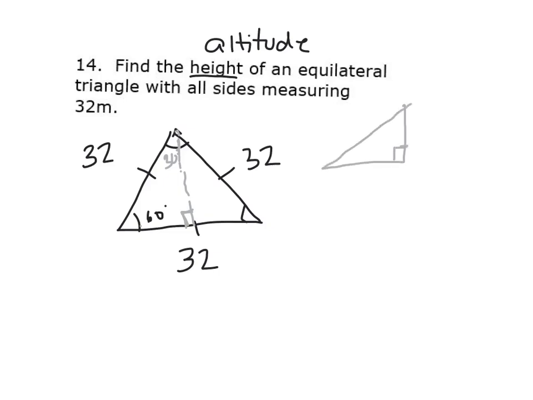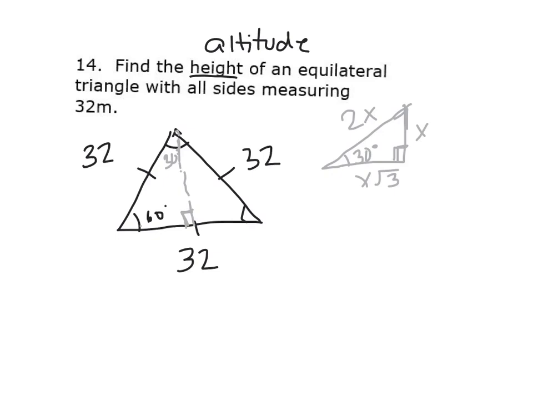And our formula says the hypotenuse is represented by 2x. The side opposite the 30-degree angle is x. And the side across from the 60-degree angle is x square root of 3.